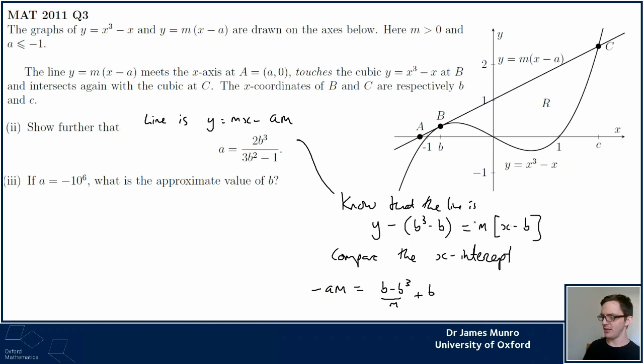That's the x value when y is 0. I think the x-intercept is a. I'm being silly. Okay, so that's the value of a. If you rearrange that, things work out quite nicely, and it turns into this value of a.